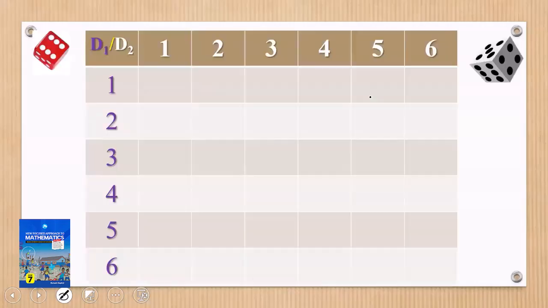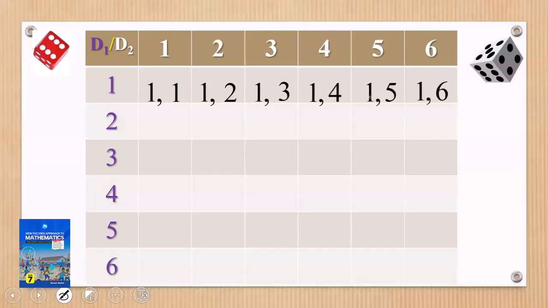We can tabulate this like this. Maybe die 1, die 2. So either my first die comes as 1, second comes as 1 as well, or first comes as 1, second comes as 2, or first 1, second 3, or 1, 4, 1, 5, 1, 6.